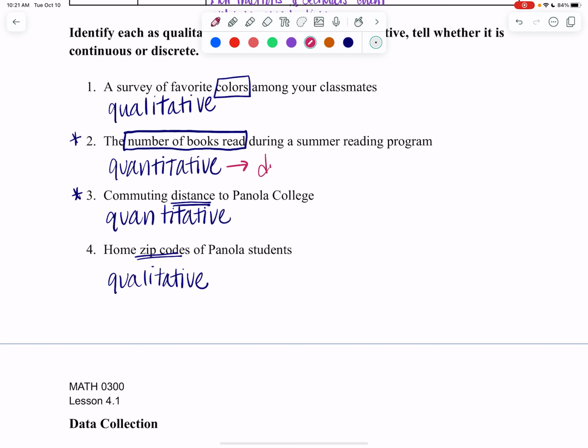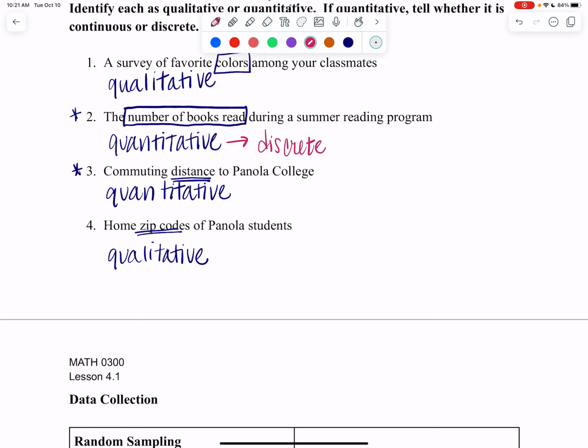So this one is discrete. Number 3, distance. I think the example I used was that it was 43.5 miles from my house in NAC to Panola College. So 43.5 uses a decimal. That makes it continuous data.